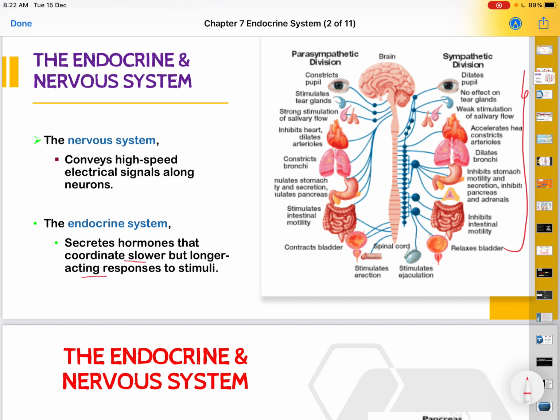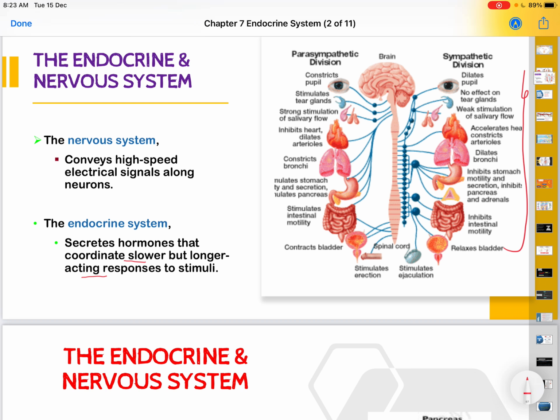So we have two divisions here that belong to the autonomic nervous system. The autonomic nervous system is related to any involuntary action in our body. Involuntary action means that you cannot control that action. So we have parasympathetic division and sympathetic division.